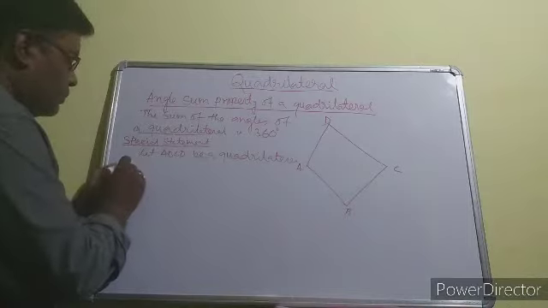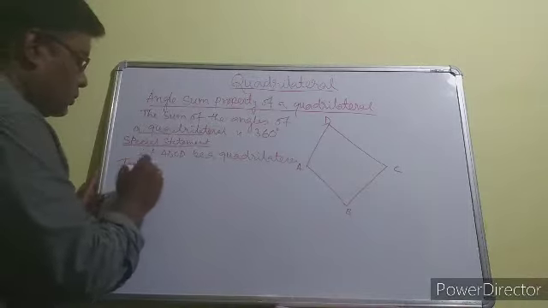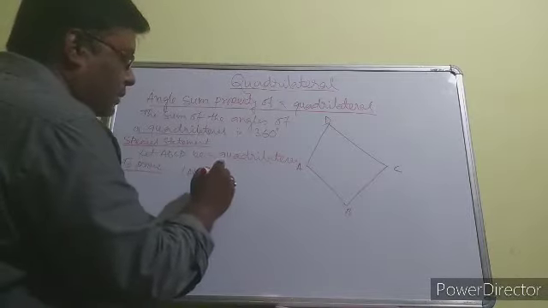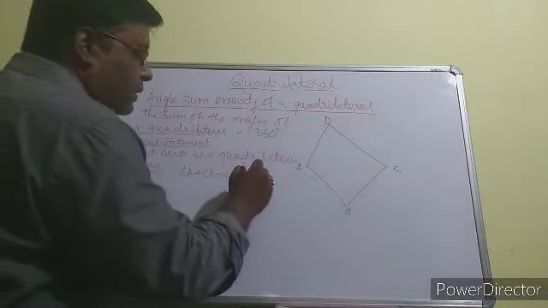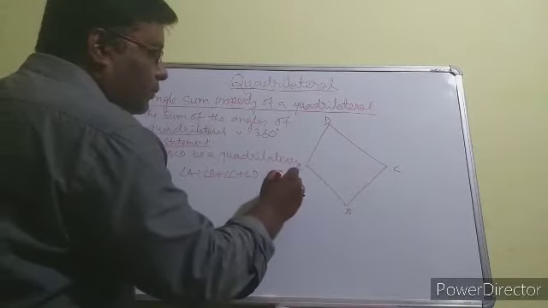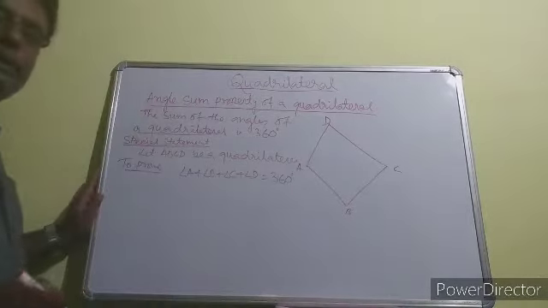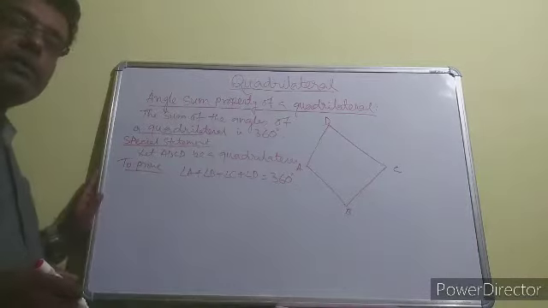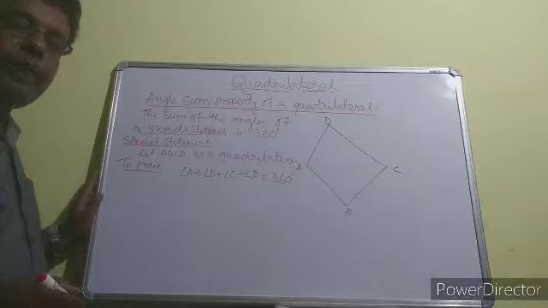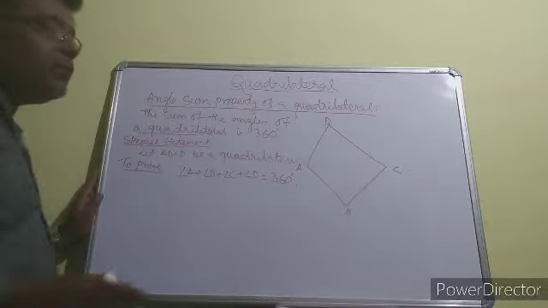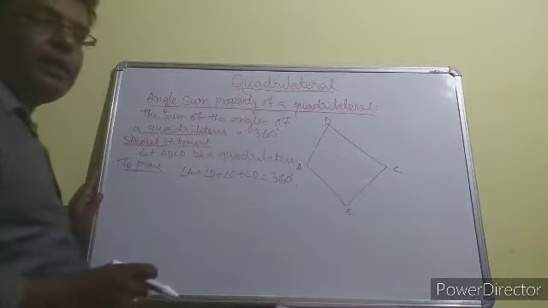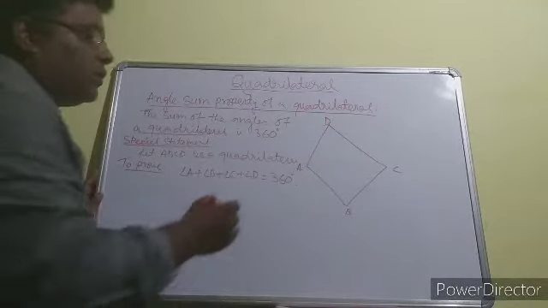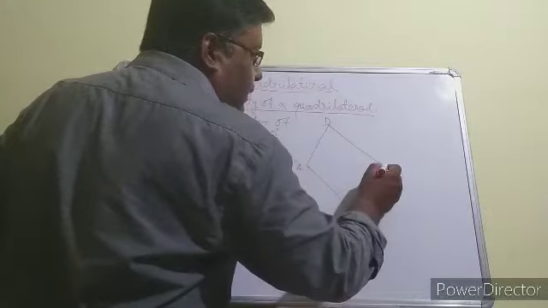To prove: angle A plus angle B plus angle C plus angle D is equal to 360 degrees. Now we will use the angle sum property of a triangle. So we have to make this quadrilateral into triangles. So we have to draw a diagonal here.